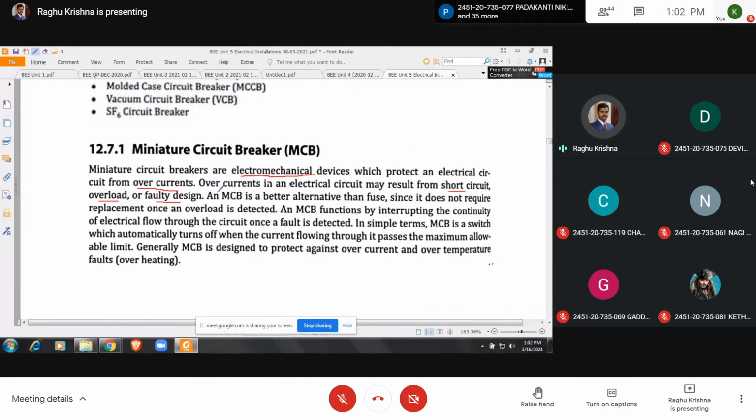So you can also write an MCB is a better alternative than fuse since it does not require replacement once an overload is detected. So up to this it is enough. If you want, you can write this up to this one. So based on your time, you can write up to this, or you can write the first paragraph.